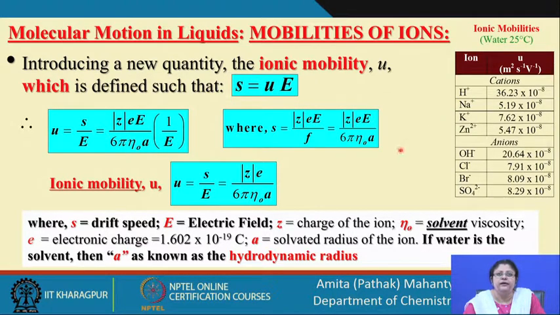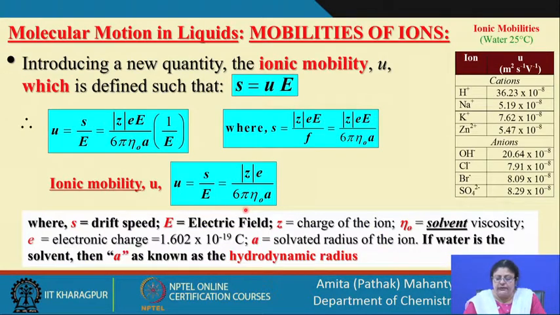So, E will not be there in the expression. What we are getting here is Z e by 6 pi eta A, where S is the drift speed, capital E is the electric field applied, Z is the charge on the ion, eta naught is the solvent viscosity, small e is the electronic charge and A is the solvated radius, right.